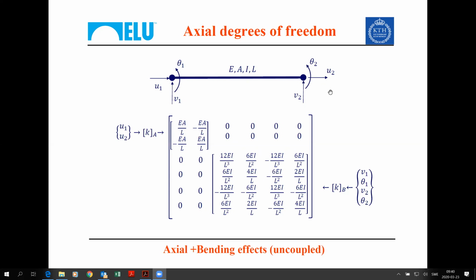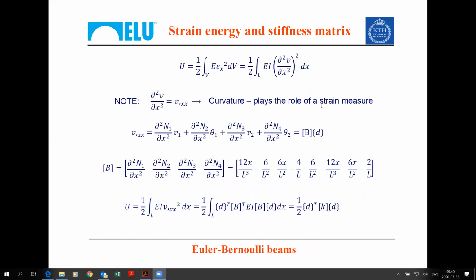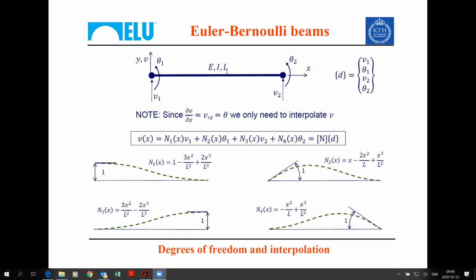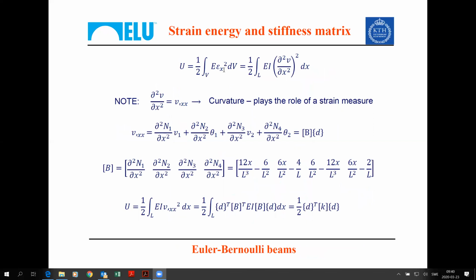In the last lecture, the B matrix was the first derivative of the shape functions. And now it is the second derivative. So I understand that it has to do with curvature, but what was it in the last lecture when we just had a bar and we had the first derivative?